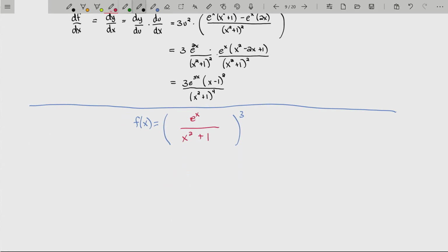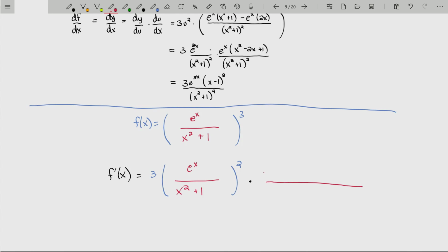All right, so the derivative of f is the derivative of the outer function, 3 times something squared. Of course, when you take the derivative of the outer function, you have to rewrite the inner function, so e to the x over x squared plus 1. Now, on the outside of that outer function, I will attach via a link the derivative of the interior function.